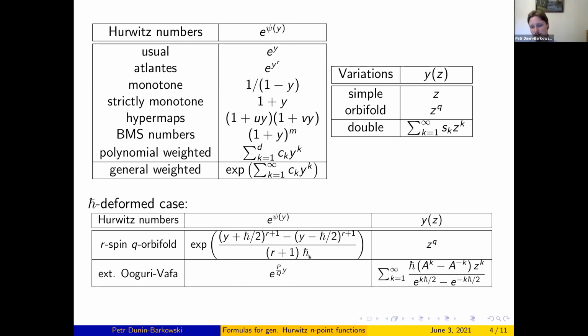And this allows us to encompass some further cases, namely r-spin Hurwitz numbers, and also the extended Gromov-Witten partition function of colored HOMFLY polynomials of torus knots. So here you see what you have to put for psi of y and y of z in order to get these cases.